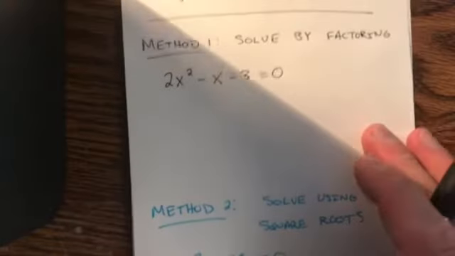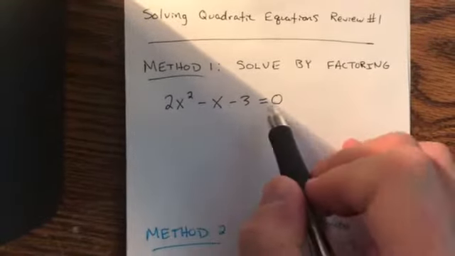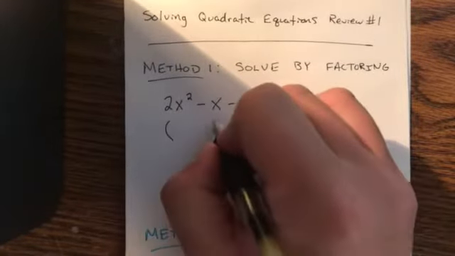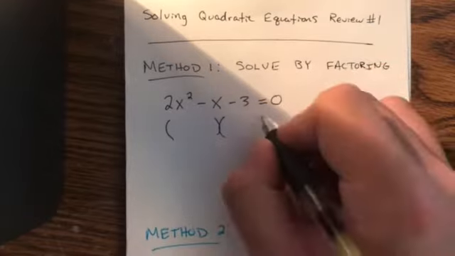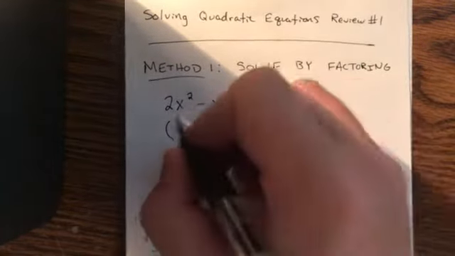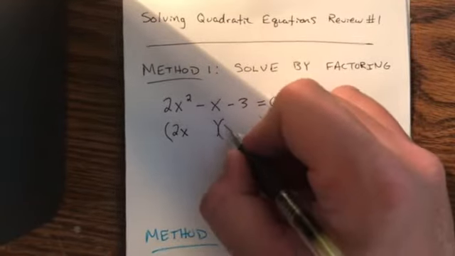So I'd like to start with method one here, solve by factoring. And again, this is already in standard form equal to 0, which is my first goal. Secondly, we'll factor it. And let's see, my first term is 2x squared, so I know I'm probably going to have a 2x times x.